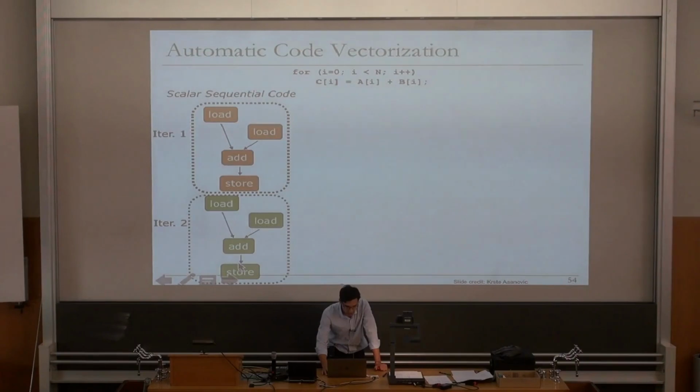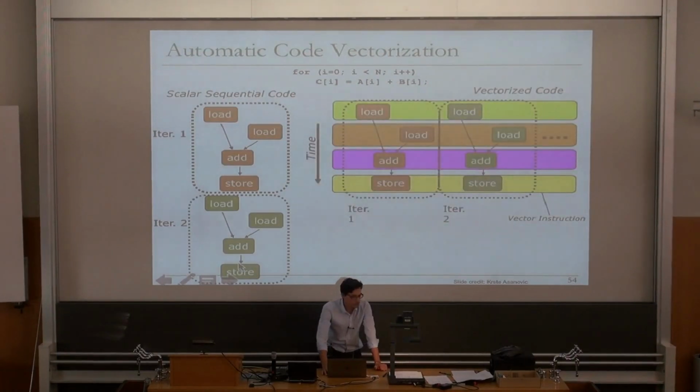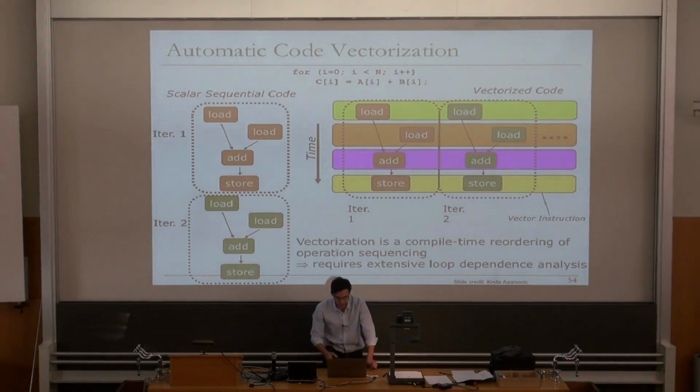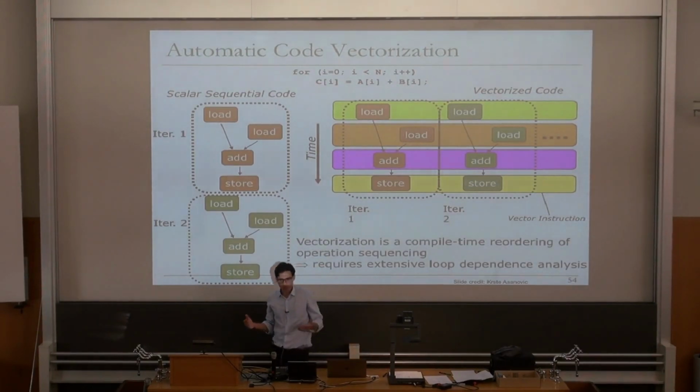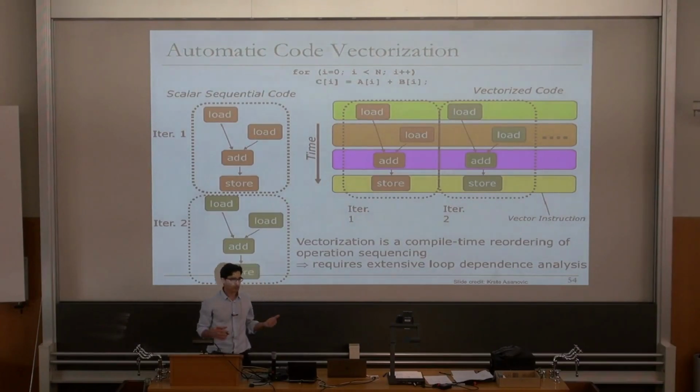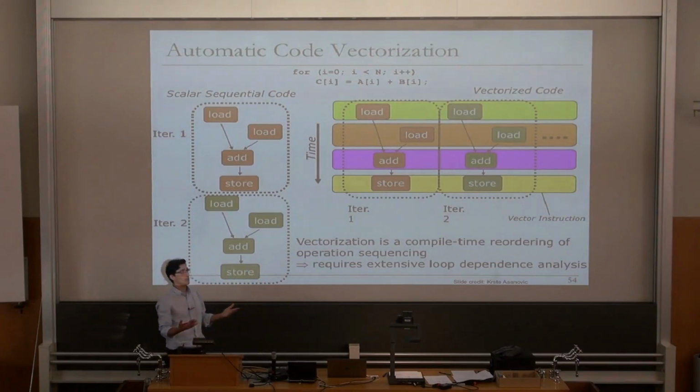It turns out that a compiler could notice, or a programmer, but the compiler can do it for us, that there are no loop carry dependencies in this loop. So it's what is called a vectorizable loop.